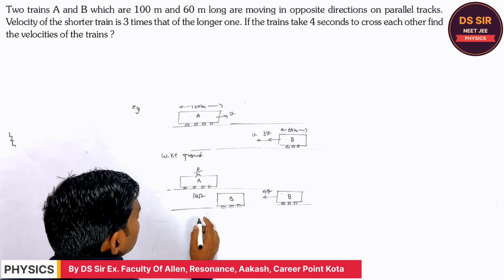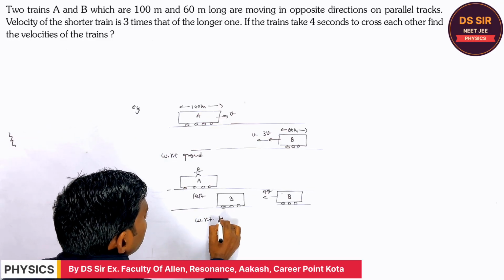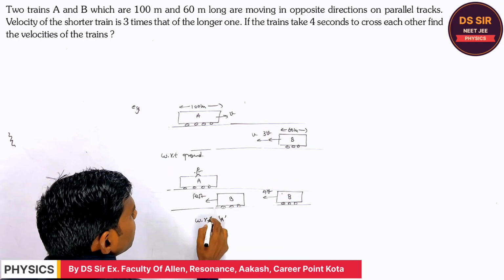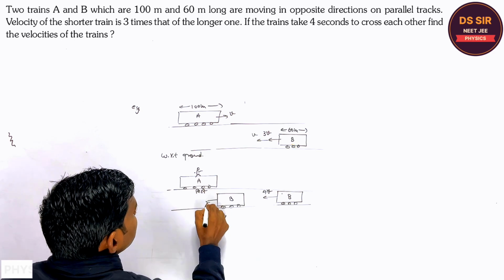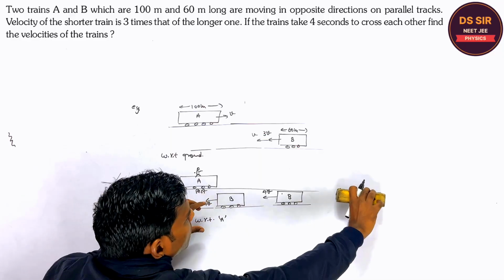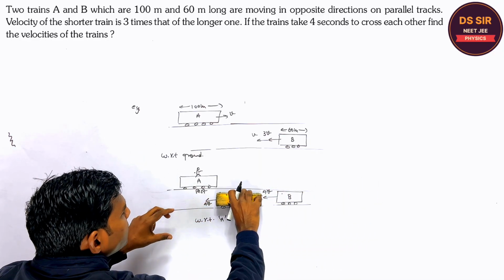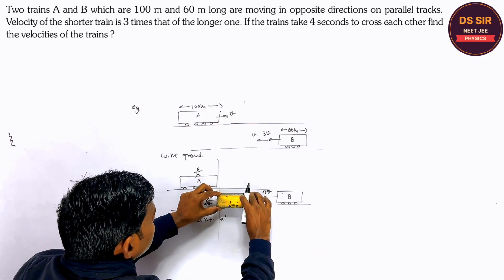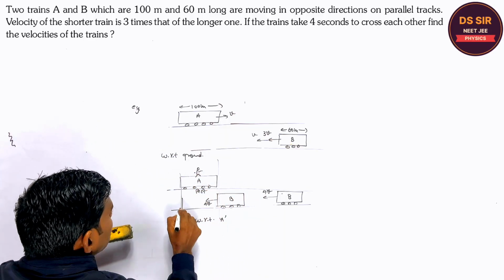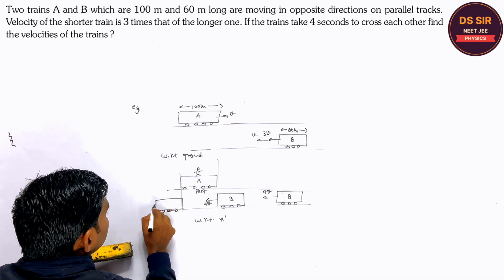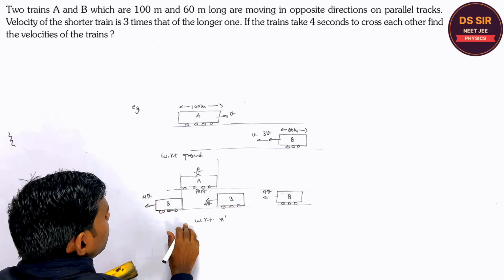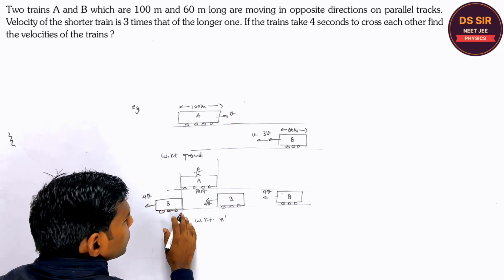We are making the figure with respect to A, so the velocity of B with respect to A is 4v. It starts crossing. It is coming from far away, and when it reaches here, the crossing starts. And when the car B reaches this point, continuously moving with the speed 4v, you will say the crossing is finished.